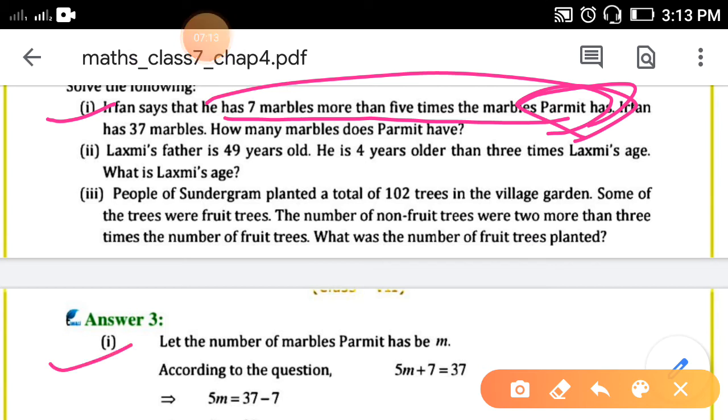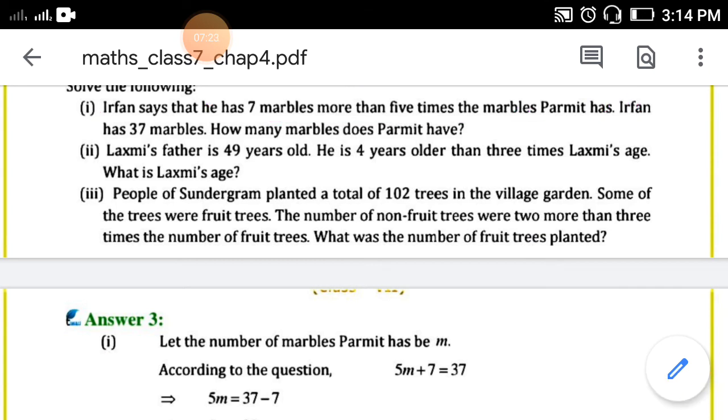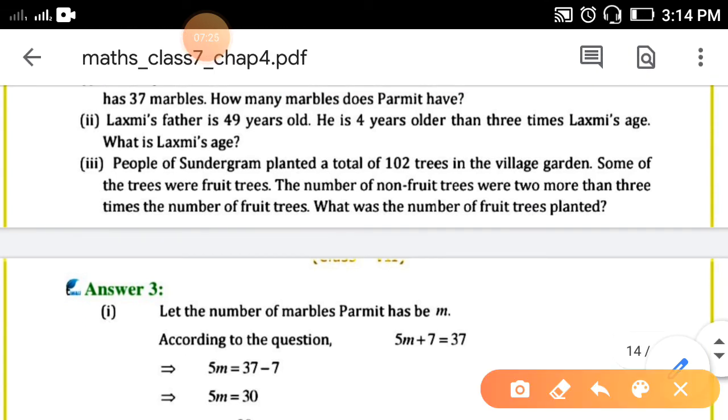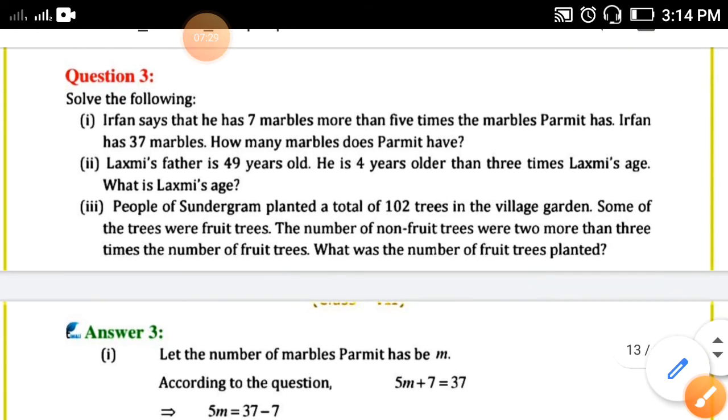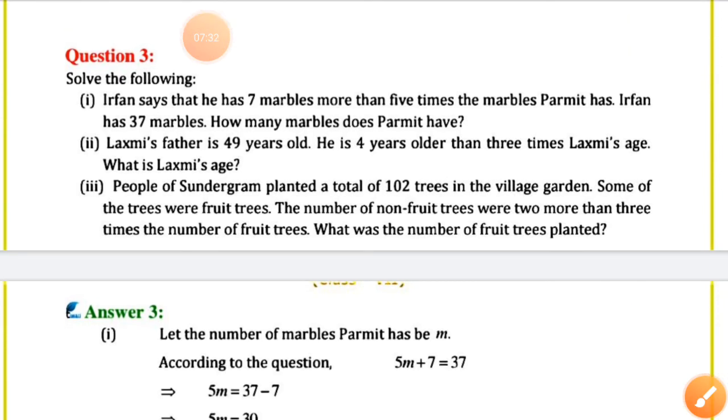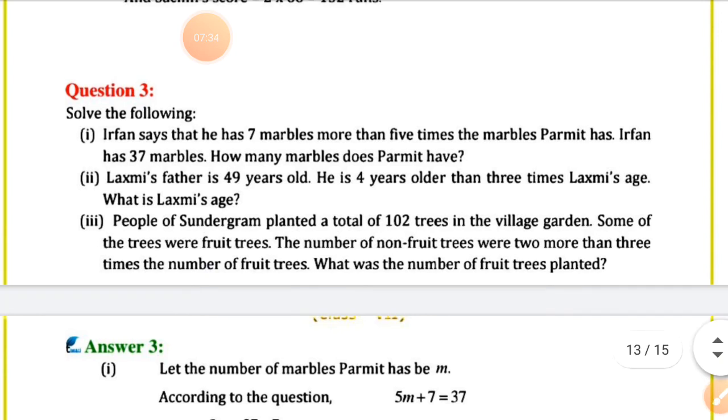So let the number of marbles Parmit has be m. M is Parmit's marble. What is Irfan's marble? 7 more than, it means plus 7.